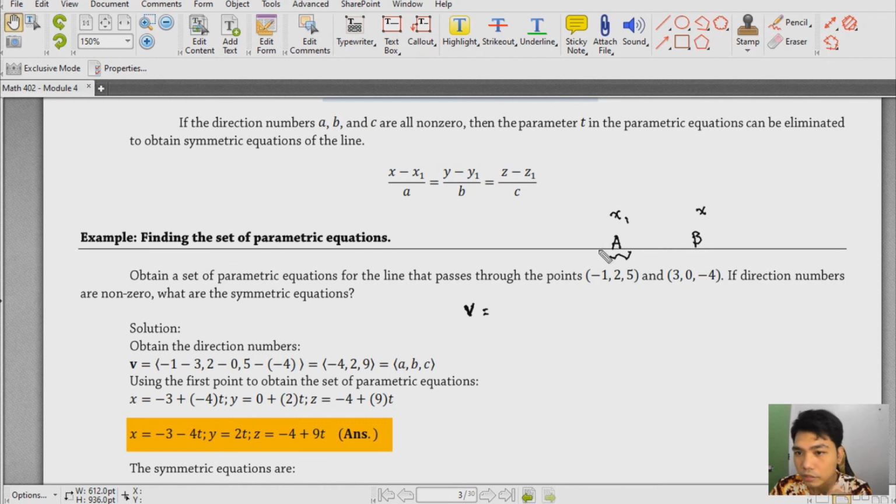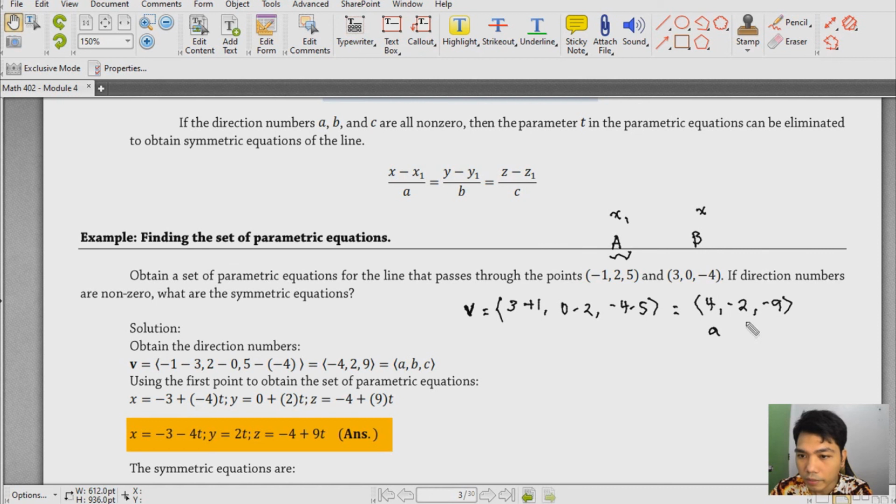So from this, we could just say na ang ating direction vectors would be the difference between B and A. So that's 3 minus -1, and then 0 minus 2, and then -4 minus 5, which gives me the values that are 4, -2, and then -9.